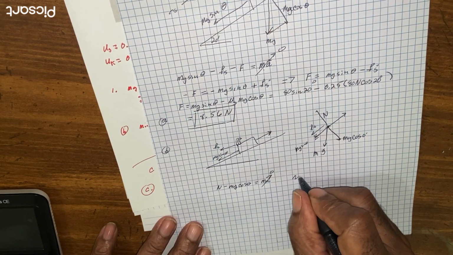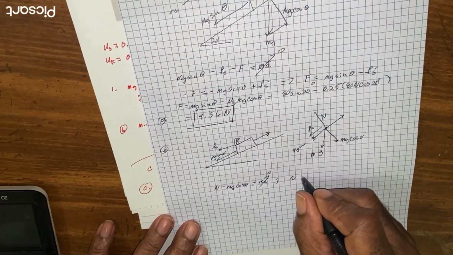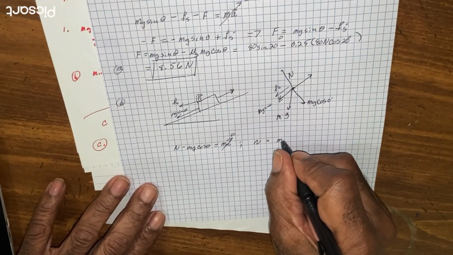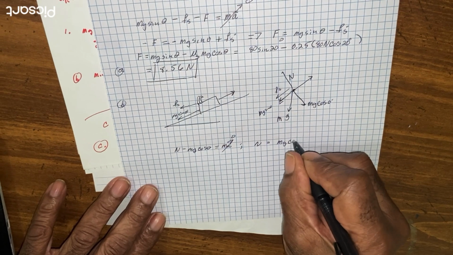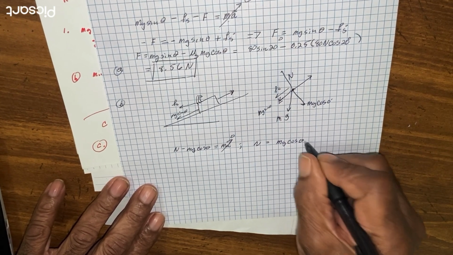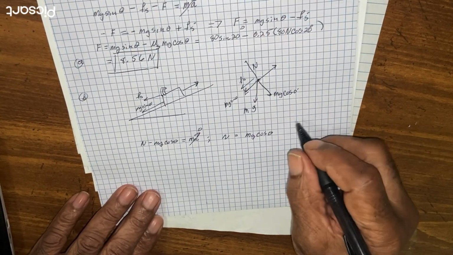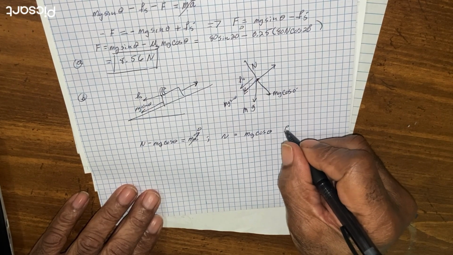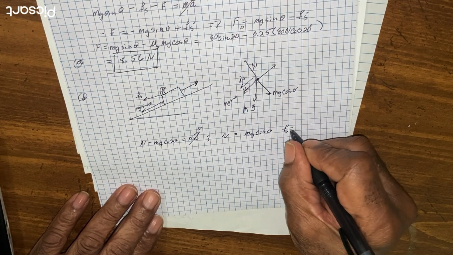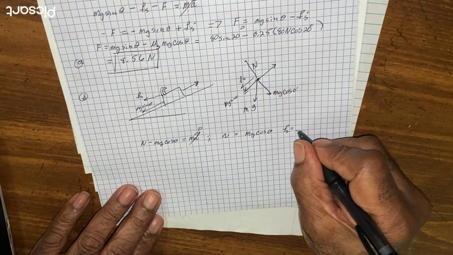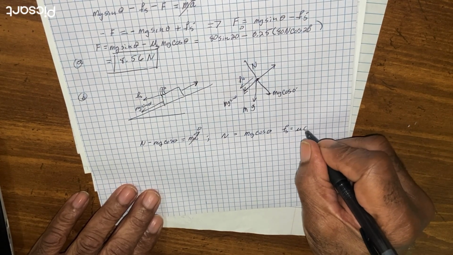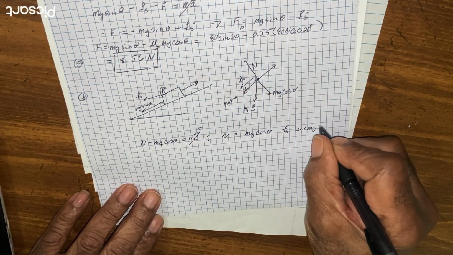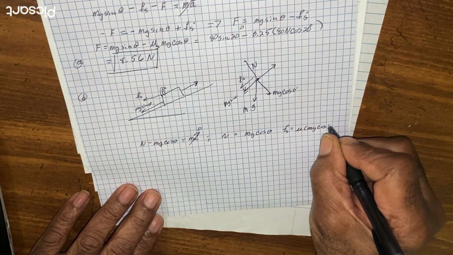So N is going to equal mg cosine theta, and mu N, which is Fs, is equal to mu times mg cosine theta.